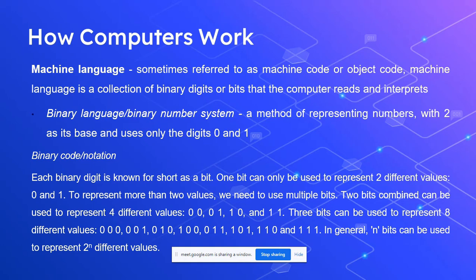They use different types of number systems and digits as their basis for communication. Machine language sometimes refers to machine code or object code. Machine language is a collection of binary digits or bits that a computer reads and interprets.